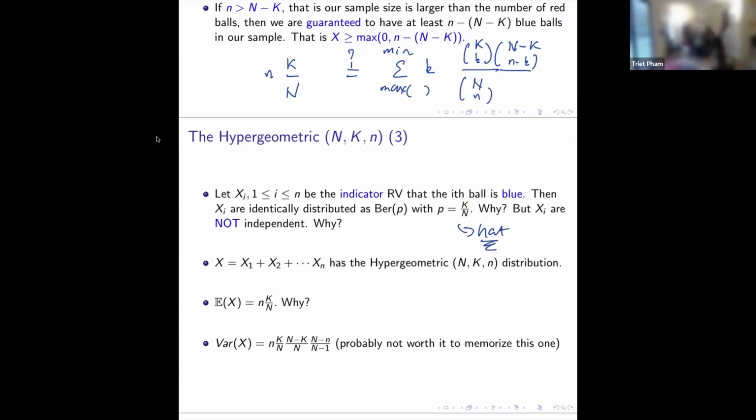And of course, these are dependent. So this is very reminiscent of the hat problem. These are dependent. But that doesn't matter when it comes to finding the expectation of the sum.